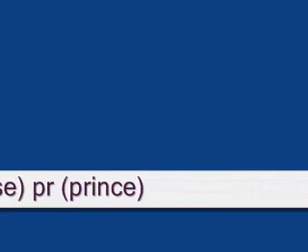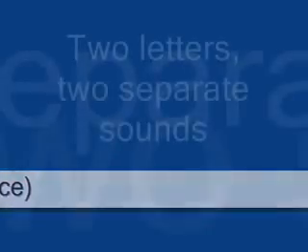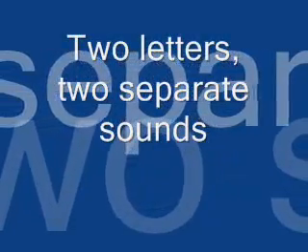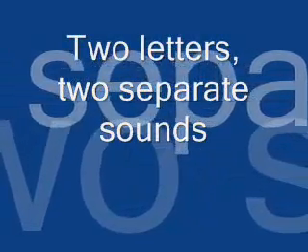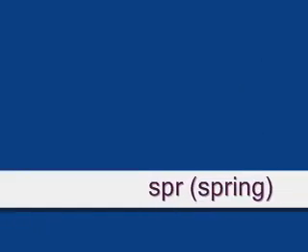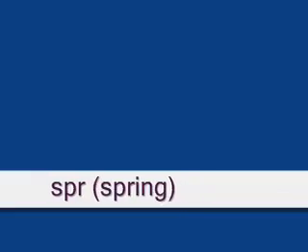Remember, consonant blends come together, but you can still hear the individual sound of each letter involved. Also keep in mind that sometimes there are 3 letters, like the SPR in the word spring.